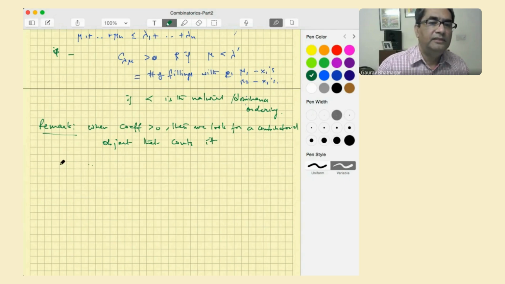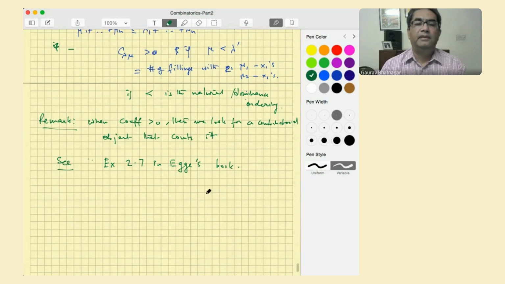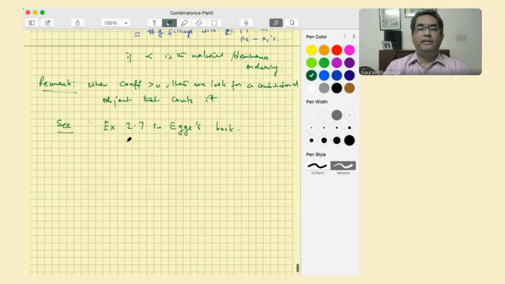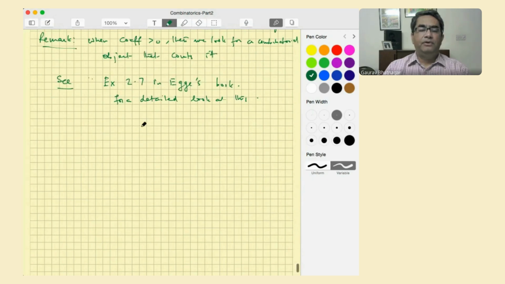I just took out a piece of it to make this point, but this is example 2.7 in Egge's book for a detailed look at this. So we are done with chapter 2.